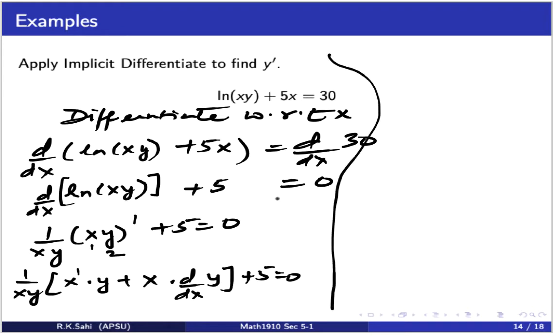So 1 over xy times the differential of x, which is 1, times y, plus x times the differential of y. Now notice this one and this are different. So we simply write dy by dx, because the differential of y with respect to x is simply dy by dx, plus 5 equals 0.